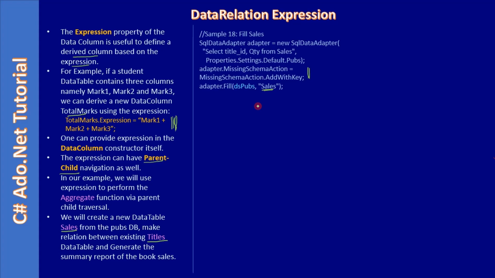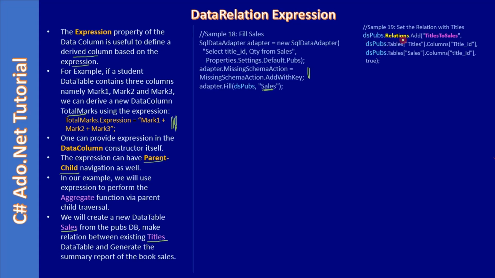Then we created a table titles and established the relation between publisher and titles. Now we are creating one more table called sales, and we are pushing that to the dsPubs dataset. But we haven't yet established the relation, and here we are doing that as well.